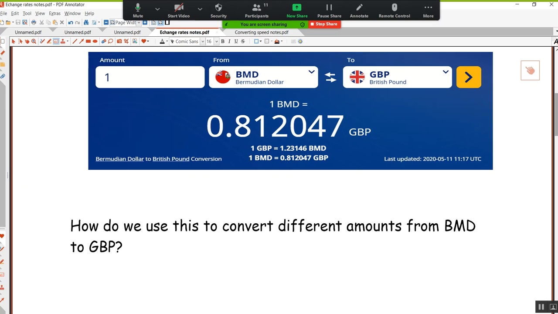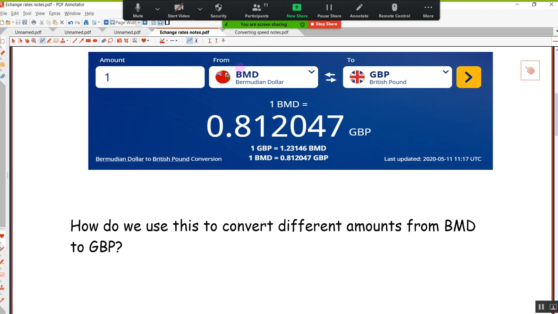All right. So what this means is, guys, the amount here, a 1, this is the currency that I say I have. So I've got 1 Bermudian dollar, and I want to exchange that for Great British pounds.